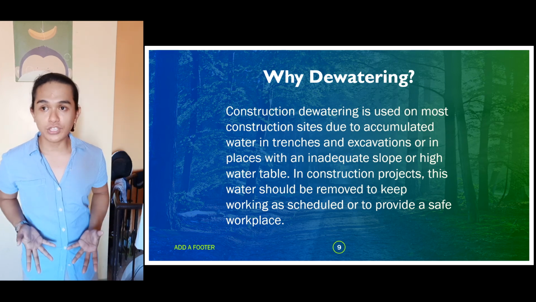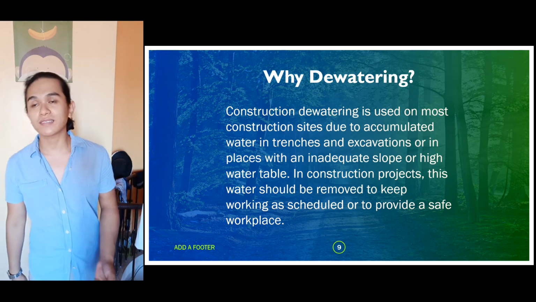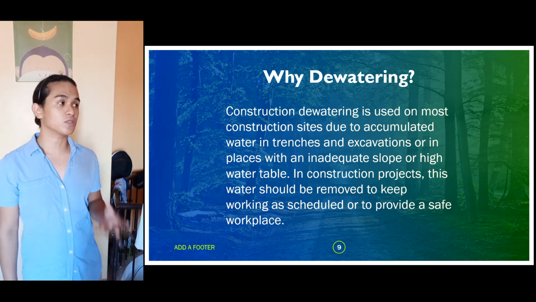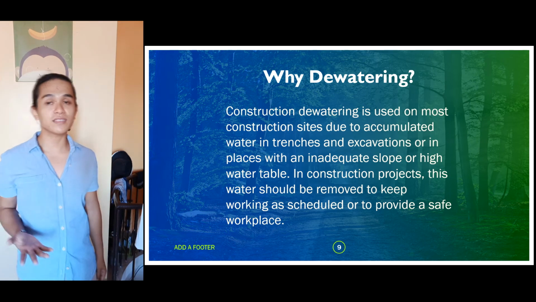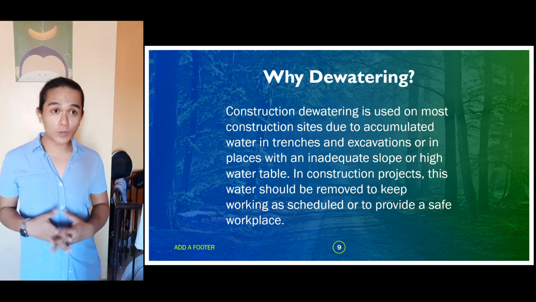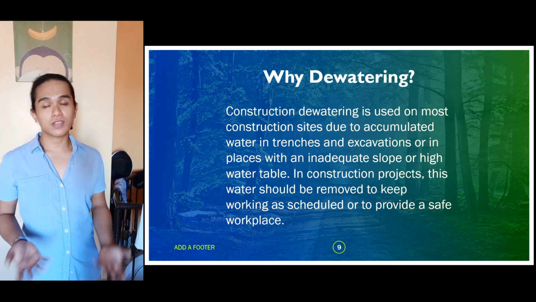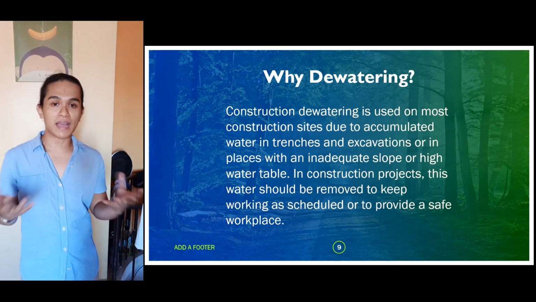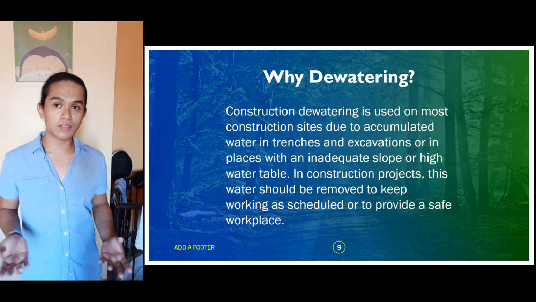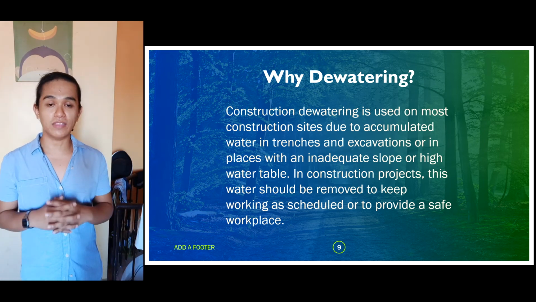When excavation occurs, you would excavate the water table, and that water table can provide excess water, and that excess water would be harmful for our workplace. And usually in a construction site, we use mechanical things that involve electricity and engines, and when in contact with water, they would be damaged and dangerous.